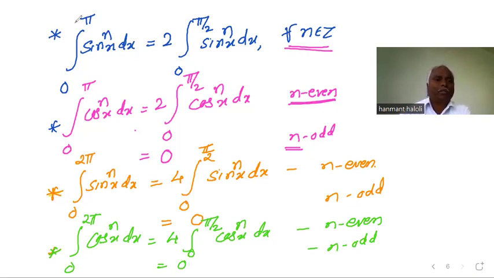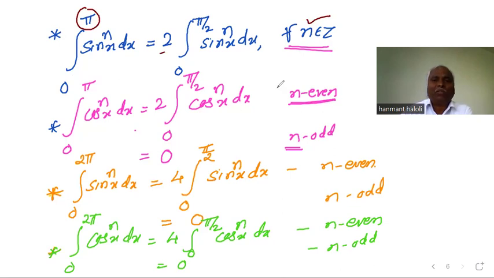Whenever we get other conditions, I'll take here a different sketch. Here limits are 0 to pi, converted into 0 to pi by 2 by taking 2. For sine, for all integers, sine becomes 2 times.